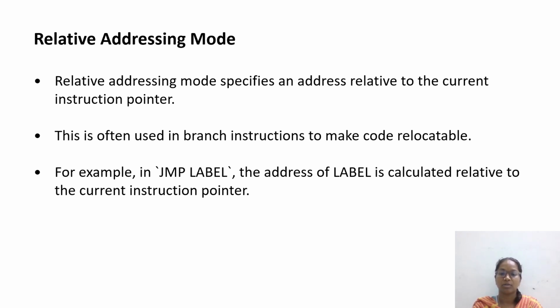For example, in our tech talk, the address of a label is calculated relative to the current instruction pointer. The previously used instruction pointer address is taken into consideration in order to calculate the present address.